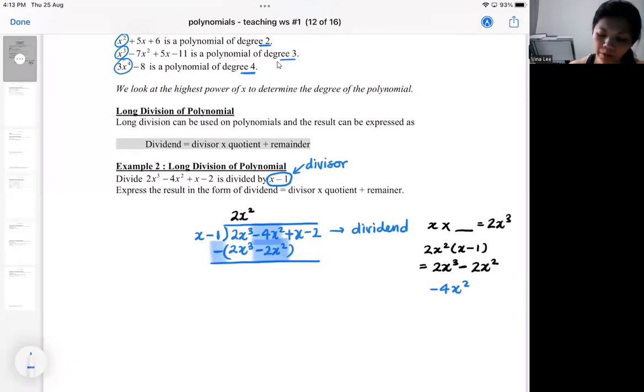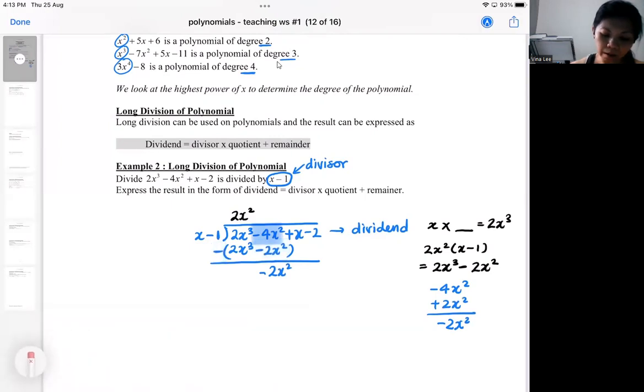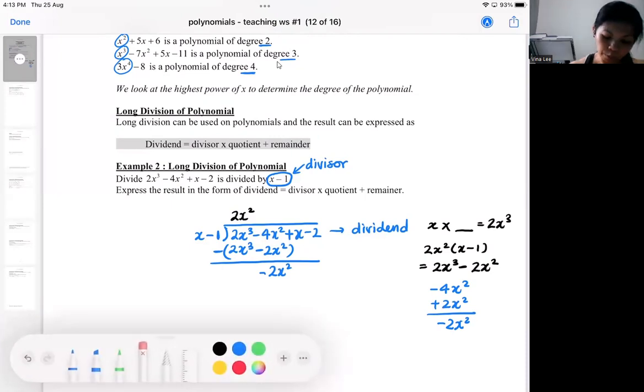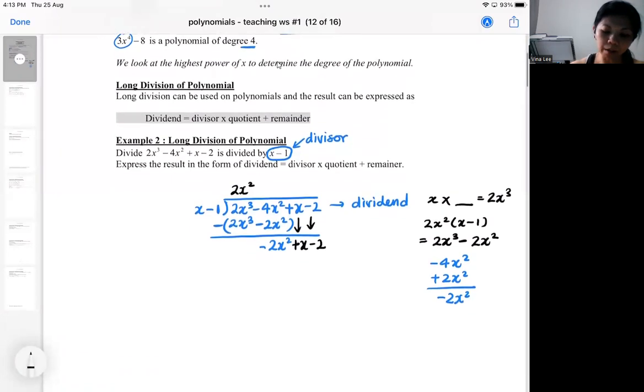Negative negative means you add 2x squared. So that is the first step, or rather the first layer of long division. You bring down whatever you have not used, and then we repeat the whole process again.